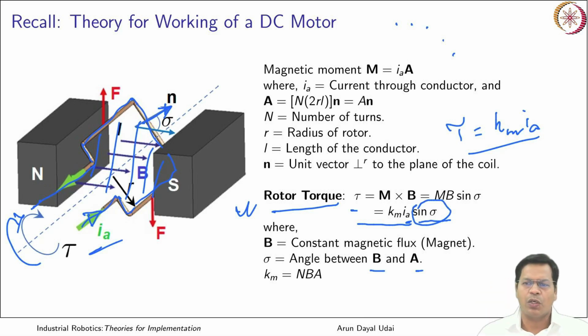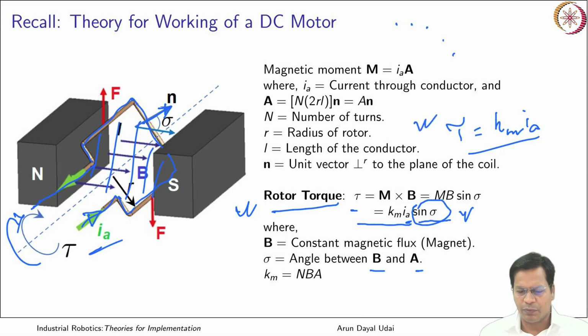It comes up, it goes down, and if you have multiple coils, by the time one of them dies off, the next one gets in. So you have, let's say, 32 poles or maybe 20 poles or something like that. If you have multiple poles, that evens out the torque change. Okay, so tau is equal to Km into Ia.